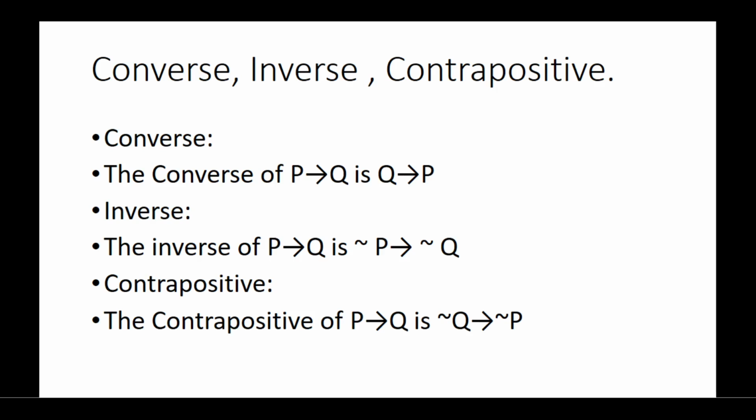The converse of the given conditional is a new conditional formed by interchanging the antecedent and the consequent of the given conditional.